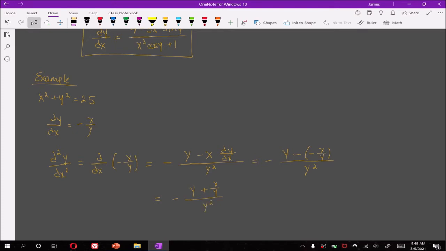Now in the numerator, we need to find a common denominator, which in this case is y. Dividing fractions, multiply by the reciprocal.